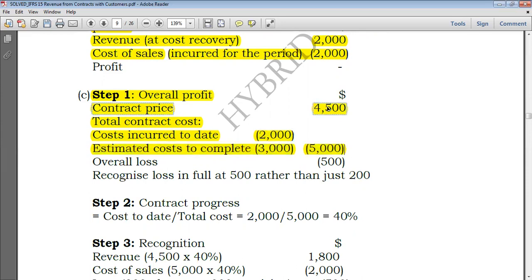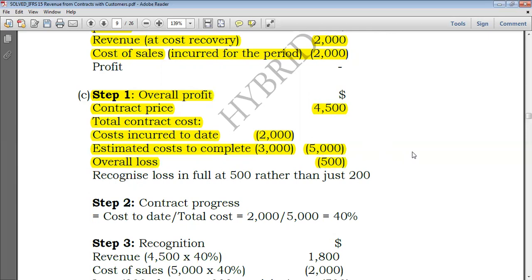Now, if you check the contract price minus total cost, you obtain negative 500, that is a loss. For the whole contract, we expect 4,500, but the cost we expect to incur amounts to 5,000, meaning that there is a loss of 500.